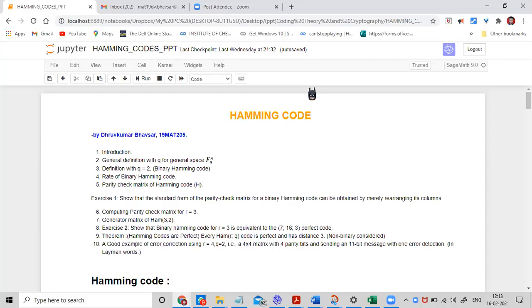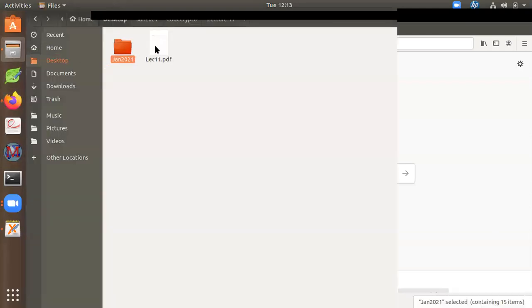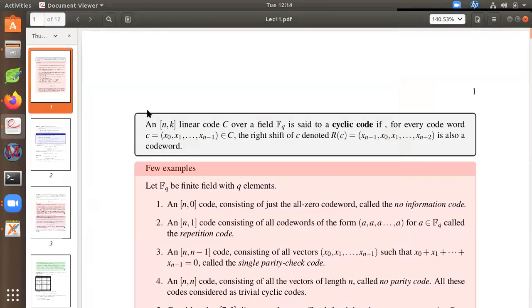I don't know what is happening. Okay. So are you able to see the screen? Dhruv, are you able to see the screen? Yes, sir. Okay, thanks.